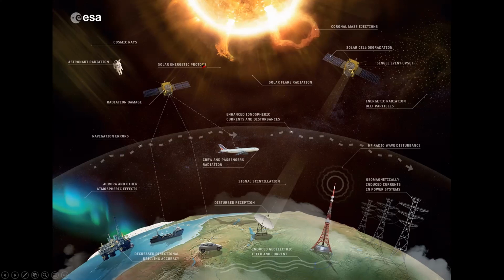Also, if there's transient energy coming from the sun like CMEs or solar flares or solar energetic particles or sometimes cosmic rays, they affect not only the assets we have in space, like satellites, due to radiation damage, single event upsets, orbit decay, etc. It also has an effect on the ionosphere.